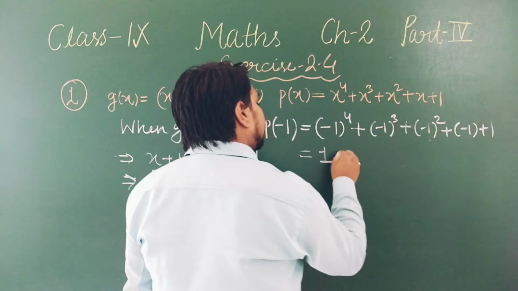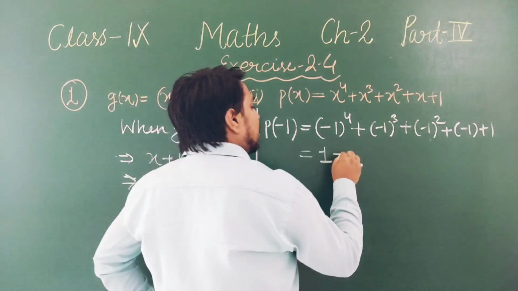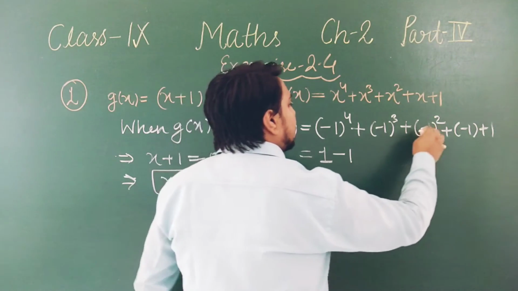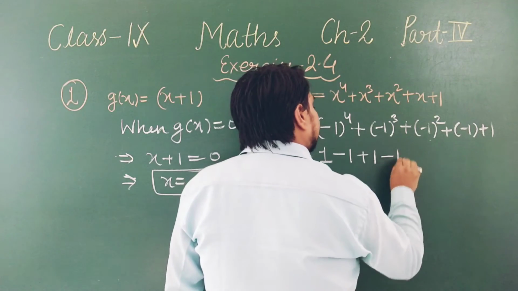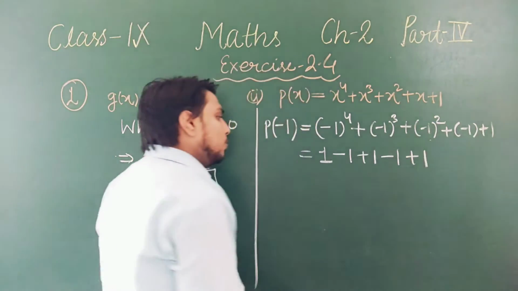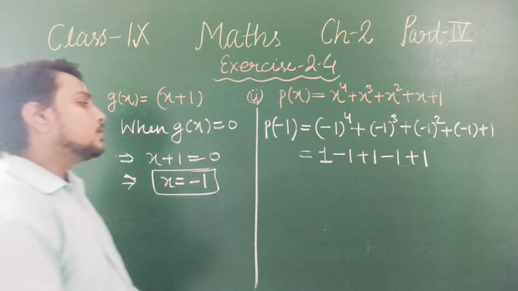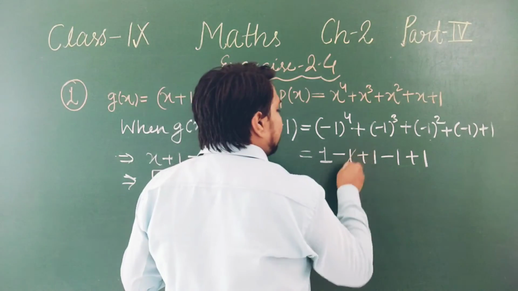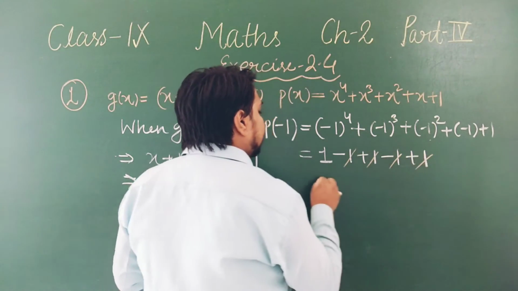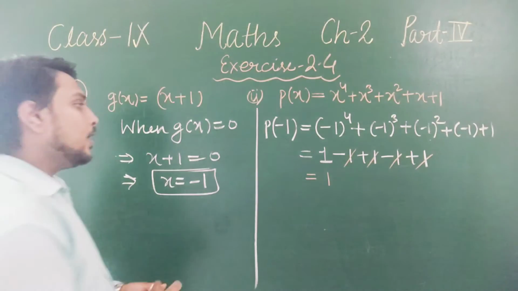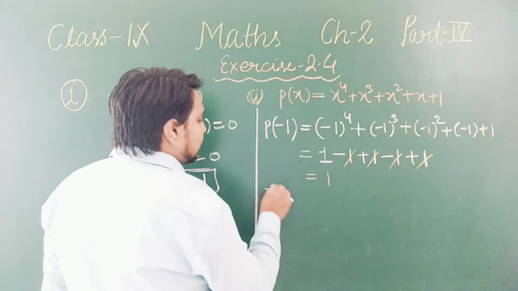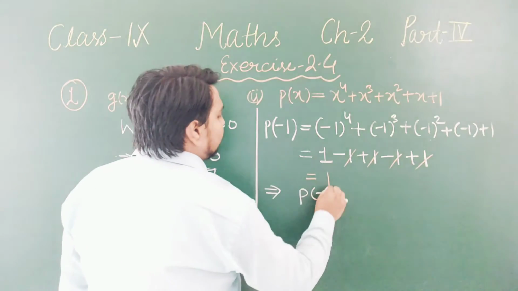Minus 1 to the power 3 is an odd power, so it will give a negative result. Minus 1 square will be positive. Minus 1 plus 1 will be cancelled out. 1 is coming.